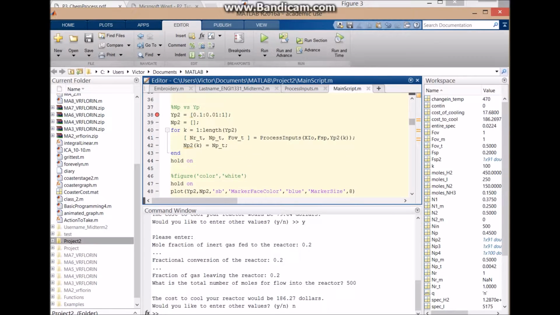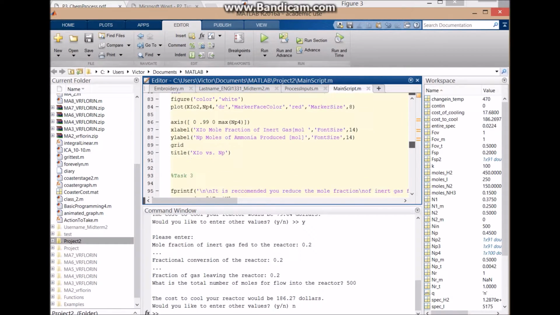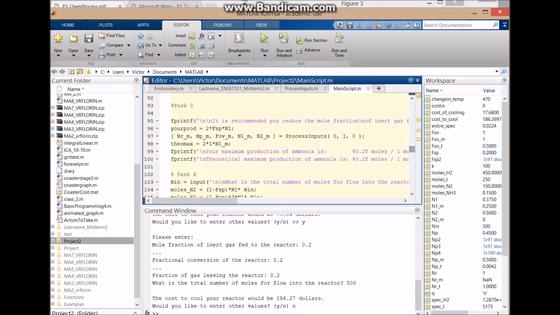It graphs these out per each point using a for loop, and puts them on figure 1, figure 2, figure 3, all with different colors to visually guide the user. It gives them the recommendation.